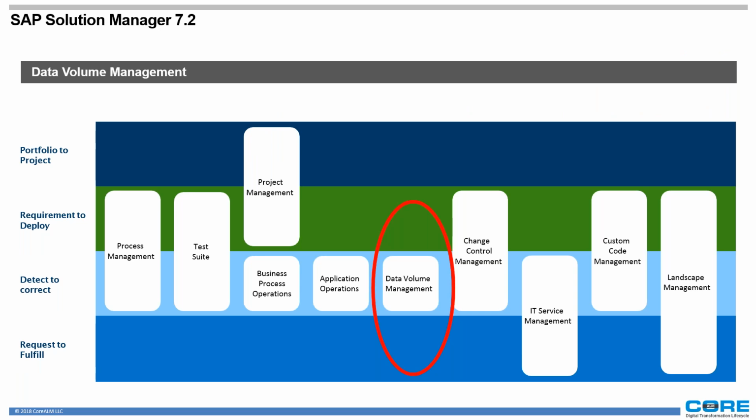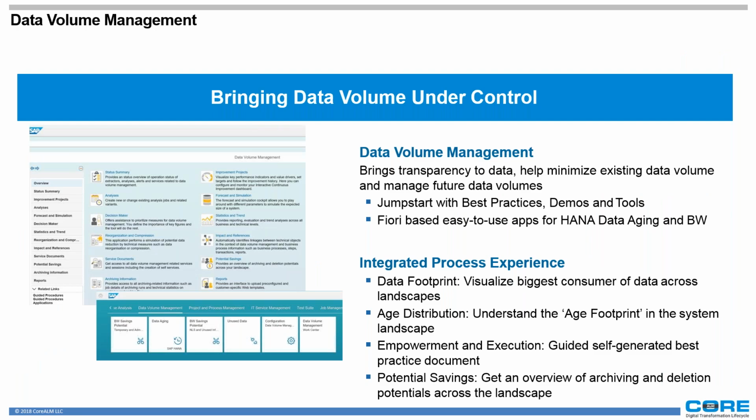The next one is the data volume management. The goal here is to have a tool that takes an in-depth look at your data. So the goal is to look at the data and then try and figure out the age of the data, the data distribution, and then try to identify areas where you can save certain things. Where, for example, archiving is a big thing.